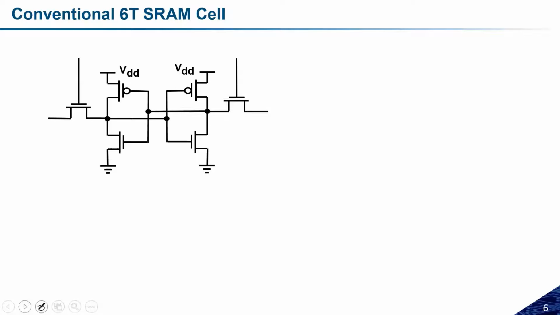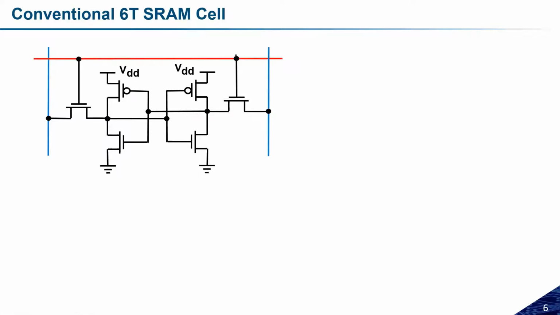To control the gate of both the access transistors, we need another control signal. When I have to read or write the data, that signal will decide. The terminal connected to the source or drain of the access transistor is known as the bit line.